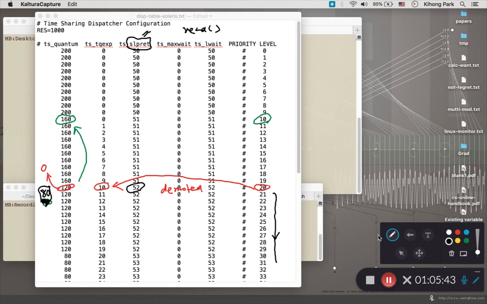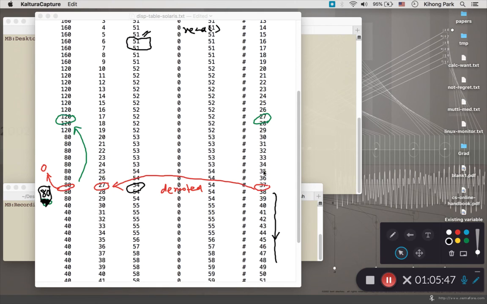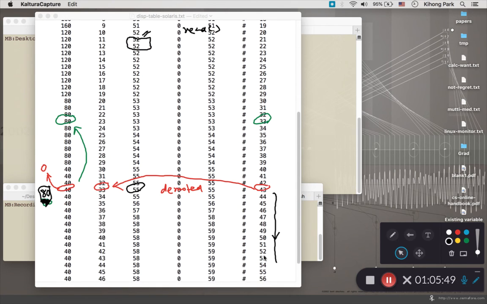52. Where is 52? Let's see. Here is 52. And we lost it because 20 is right here. So 20 is here, and now we are promoting the priority.